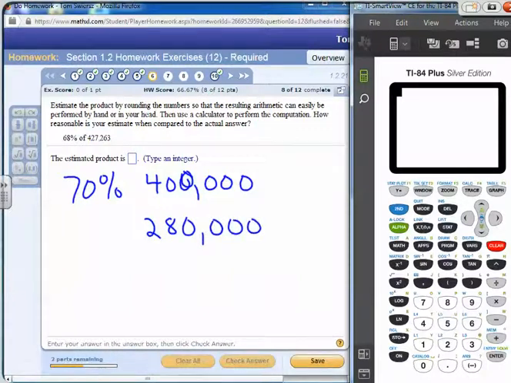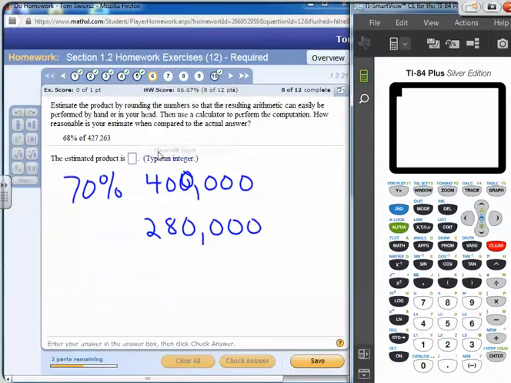I just did 7 times 4 is 28. 70% means multiply by 0.7, so the estimate would be 280,000.